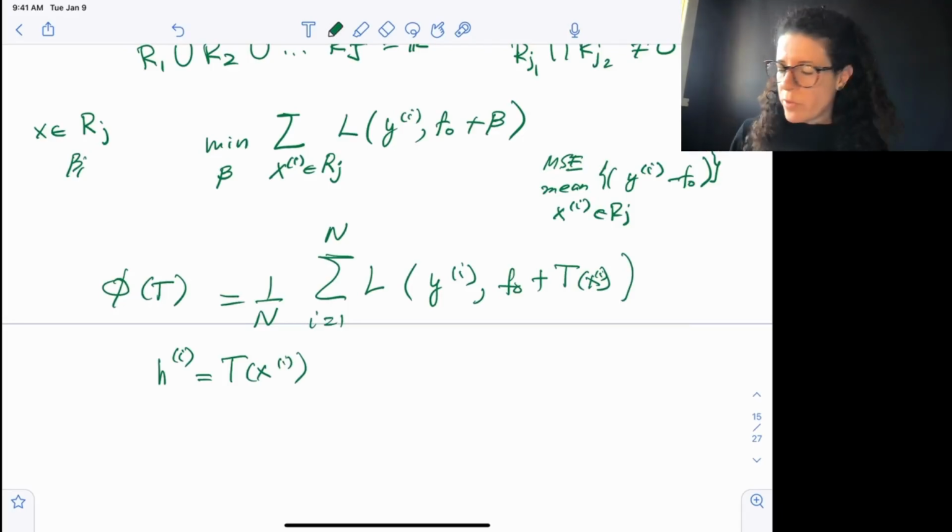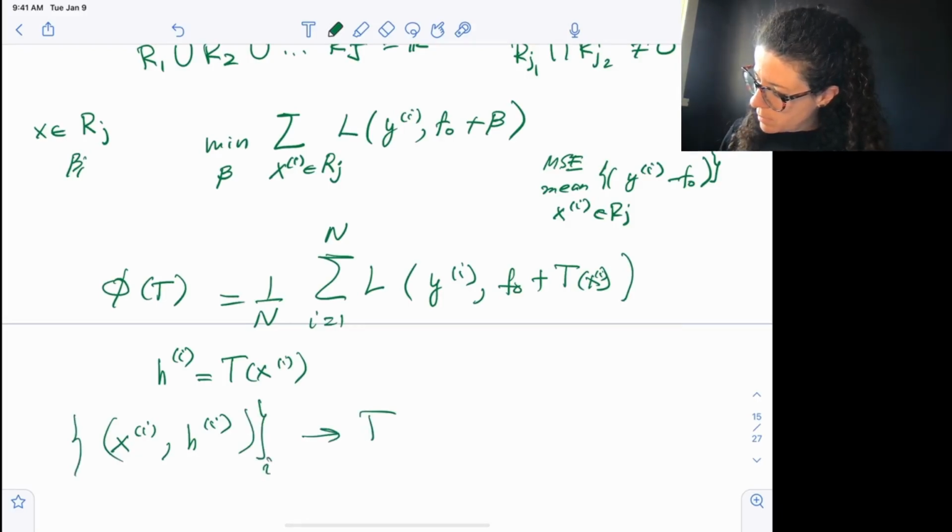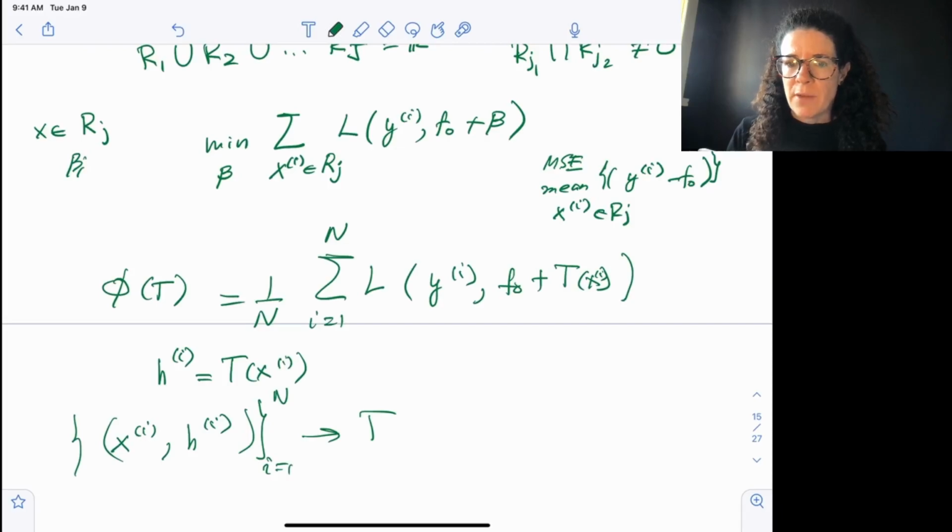After we found those hi, then in order to get a tree, we fit the dataset xi, hi to get a tree, right? So this is our dataset, and we get a tree. And then after I got my tree, I take each individual region and I try to find the best constant for that region, okay? So that's a summary of the first step.